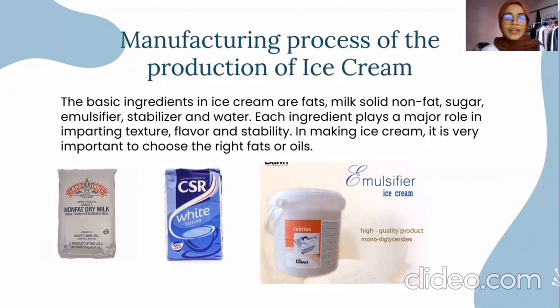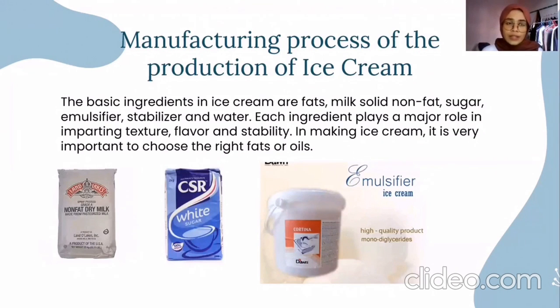Next, let's get right into the manufacturing process of the production of ice cream. The basic ingredients in ice cream are fats, milk solid non-fat, sugar, emulsifier, stabilizer, and water. Each ingredient plays a major role in imparting texture, flavor, and stability. In making ice cream, it is very important to choose the right fats and oil.